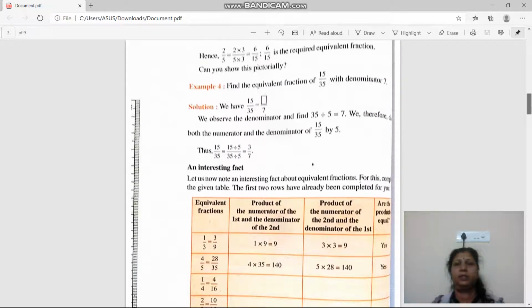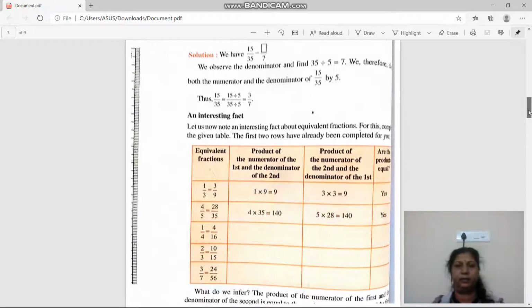Now we will see an interesting fact. If there are two fractions and we want to confirm whether they are equivalent or not, how can we do it? There is one method. What is that interesting fact?